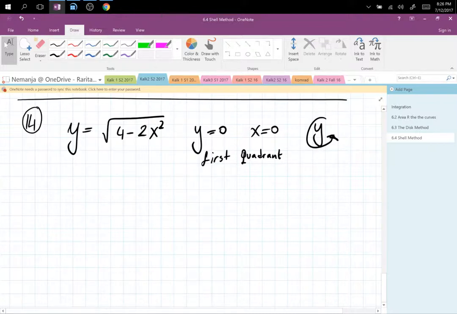What is the graph of that? Anyone? What is this? Just tell me what it is. Nope.